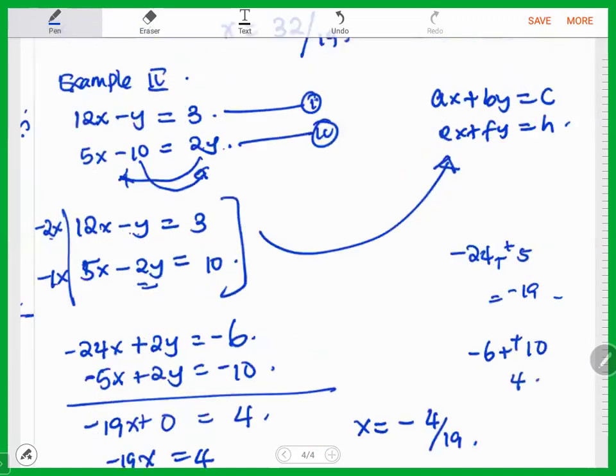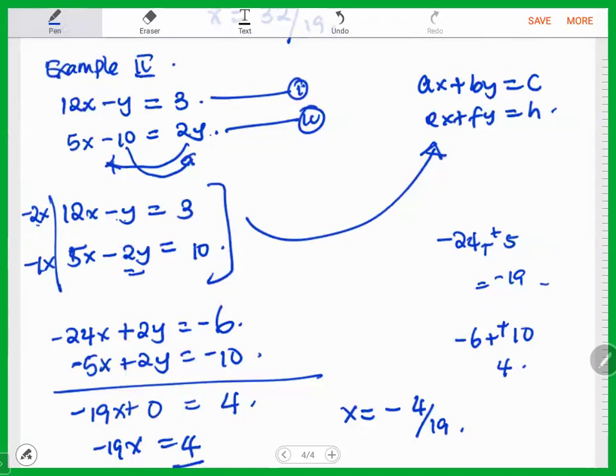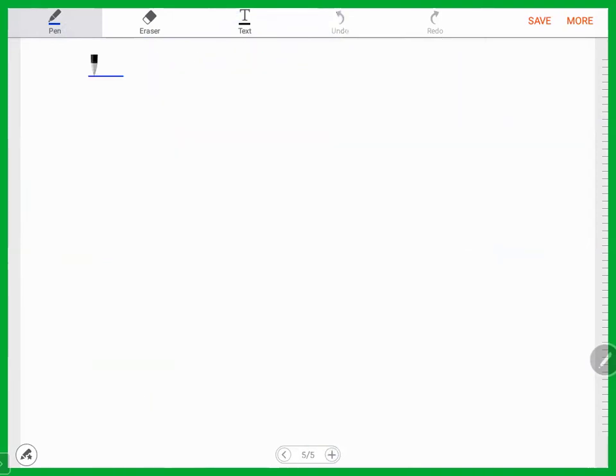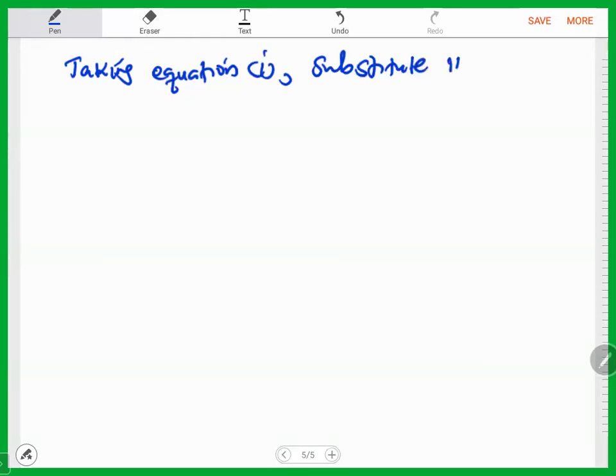So which of these two equations can we pick? Should it be 1 or 2? Can we pick 1? So taking equation 1, substitute the value of x.